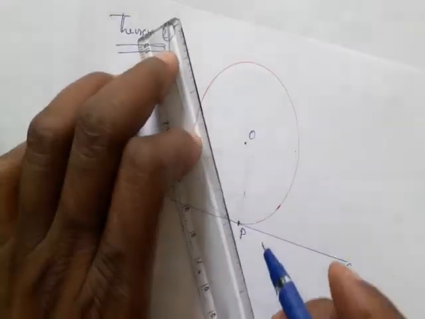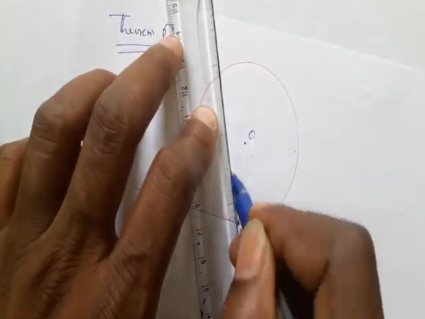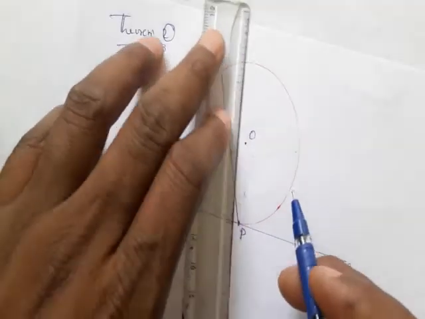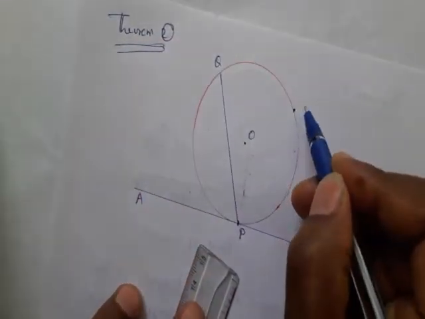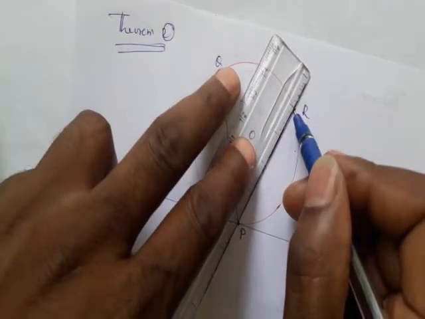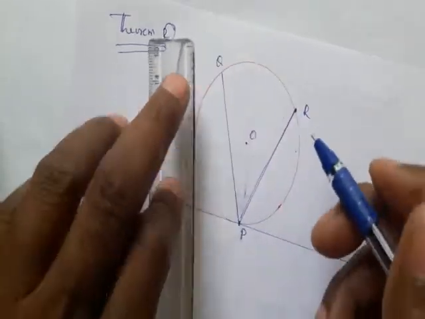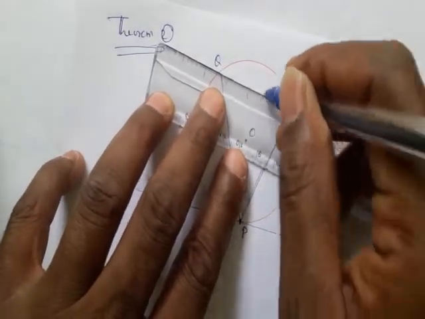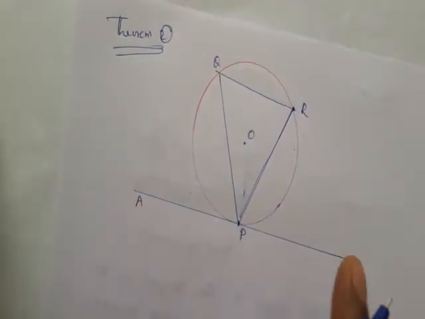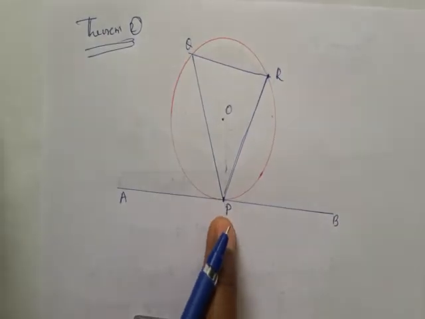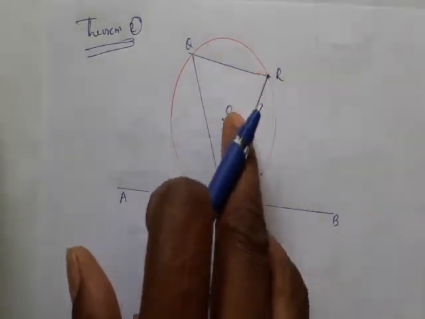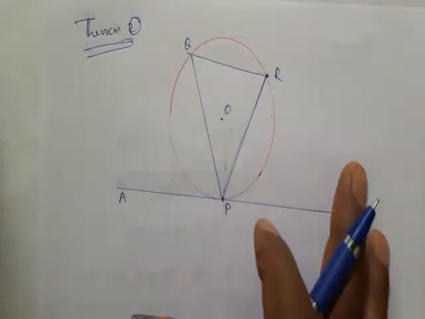And I draw a chord PQ. And I mark one more vertex, that is the vertex of the triangle. So here PQR is a triangle. AB is tangent which meets the circle at only one point, that is P. Q and R are another two circumference points. I join PR and PQ and QR, then I get a triangle.